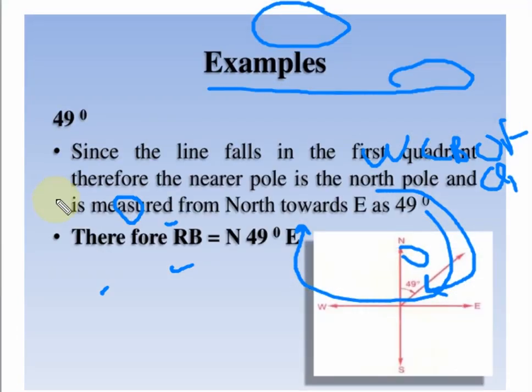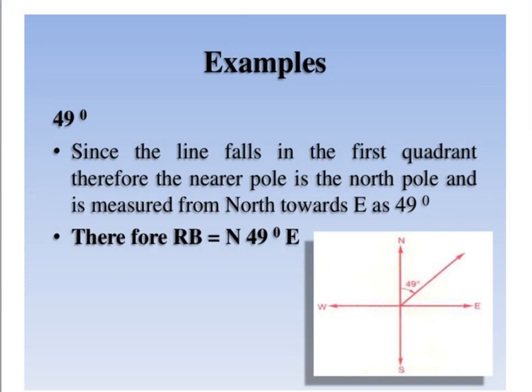Okay. So let's see some examples related to the bearing. Consider the bearing of a line given as 49 degrees. Since the line falls in the first quadrant, first you draw the figure. Let this be the north.